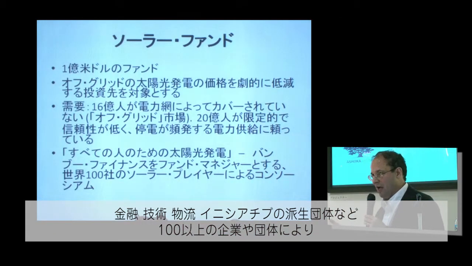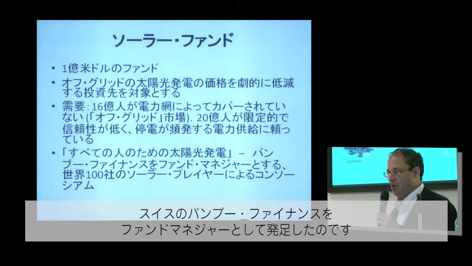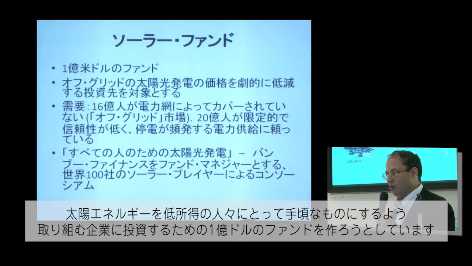One of the outgrowths of that initiative has been the development of a solar fund, which just launched, where Bamboo Finance in Switzerland is the fund manager, and we're working with them to create a $100 million fund that will invest in companies all along the solar supply chain to make solar energy affordable to low-income people. So that's another example of a fund. And these are the different partners. The role of Ashoka is to help raise money for the fund and also develop a technical assistance fund.